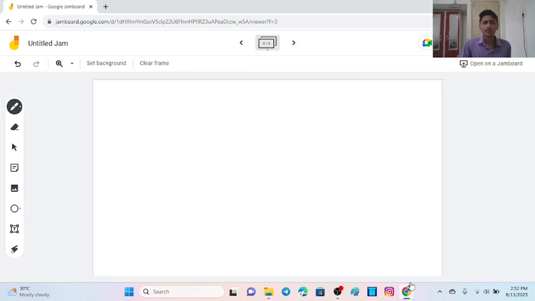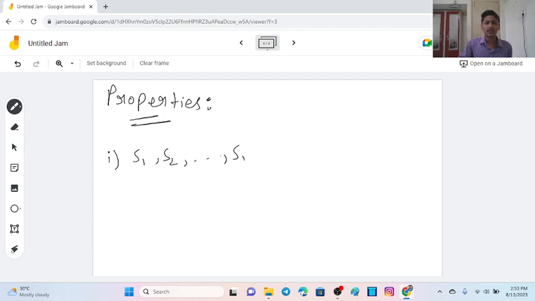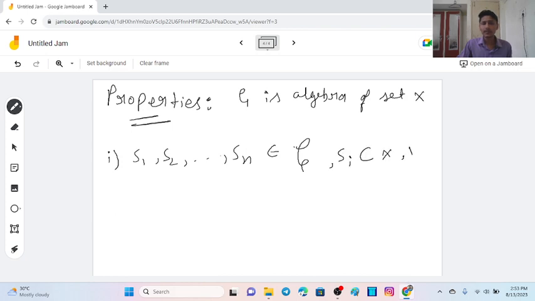Now we are going to discuss some properties of algebra of sets. The first property: let C be an algebra of set X. Let S1 to Sn belong to C, where the Si's are subsets of X for all i.